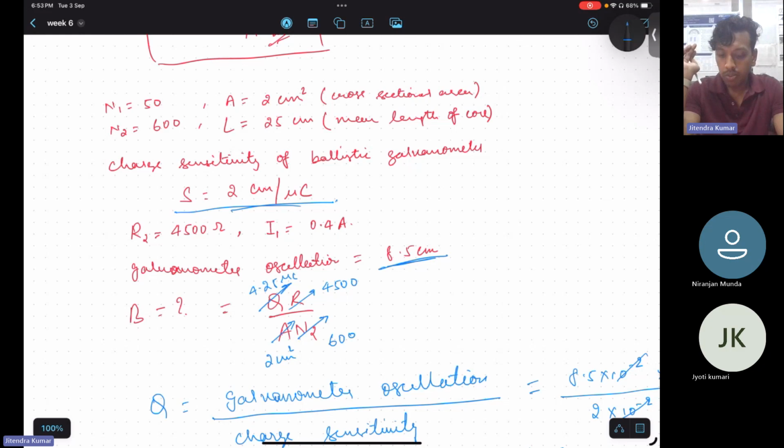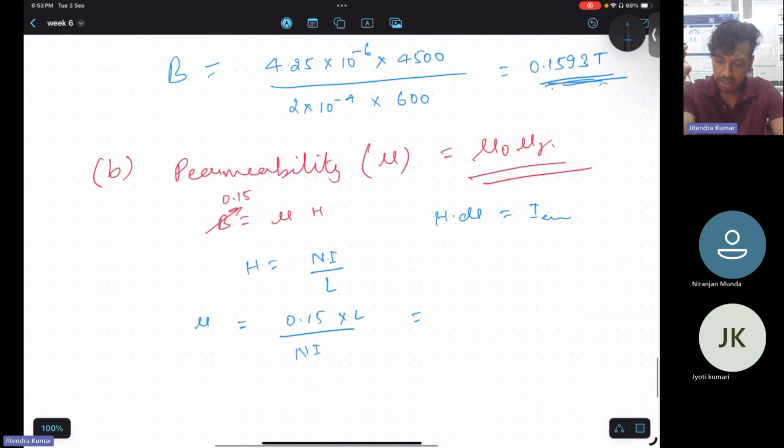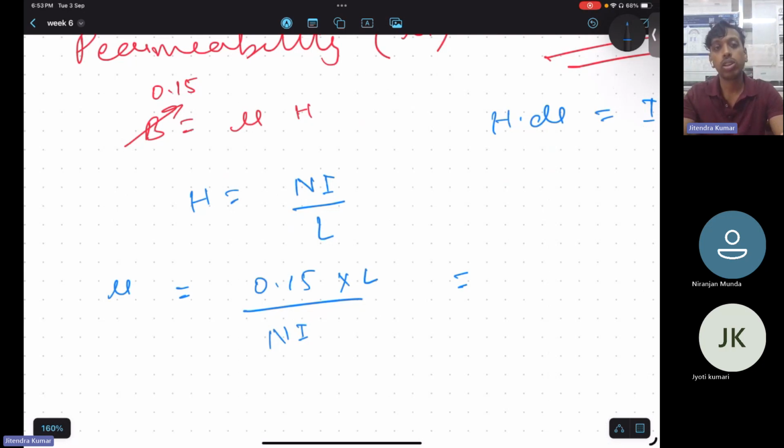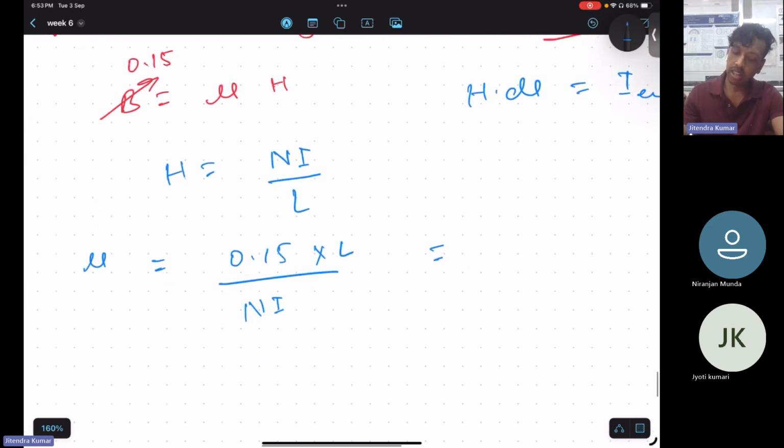So that is why it was a bit tricky question, because no matter whichever number of turns you take, current also you will have to take of the same side. So it doesn't matter whether you take N1 I1 or N2 I2. Both will be same.